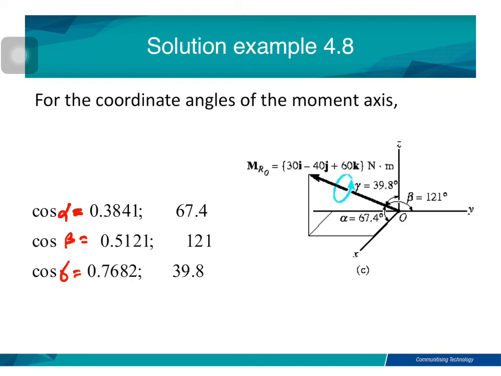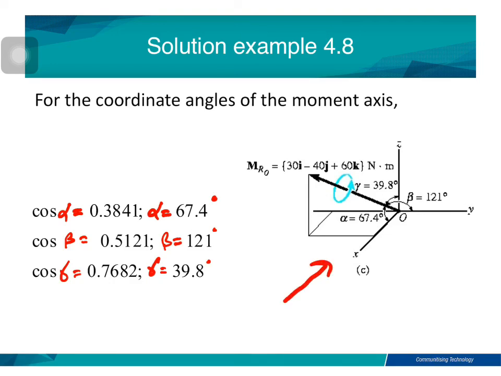So alpha is equal to 67.4, beta is equal to 121, and gamma is equal to 39.8. You may refer to this figure.